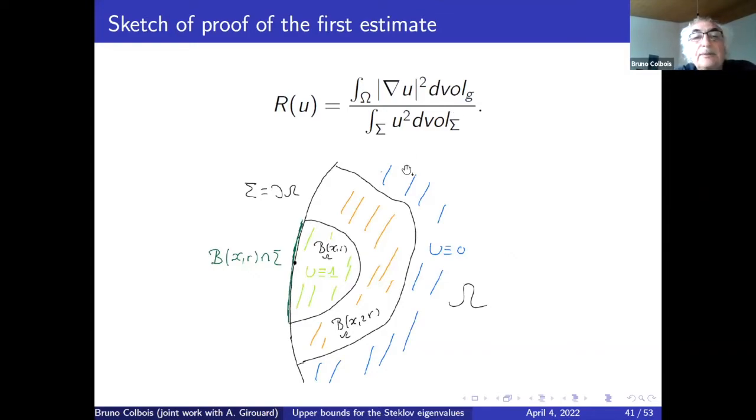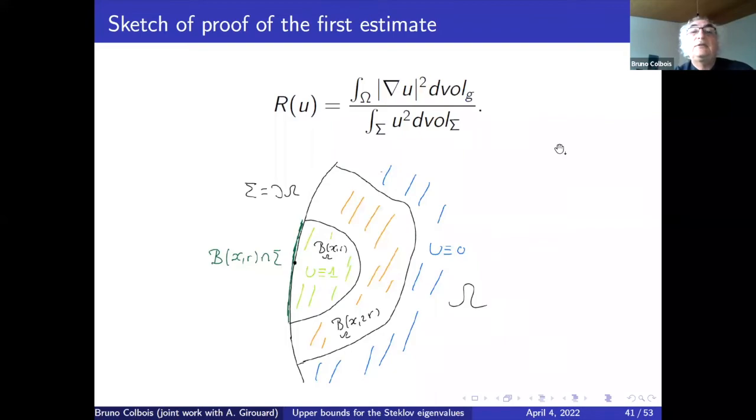You take a function which is 1 in the ball of radius r, the green part, and 0 in the blue part outside of the ball of radius 2r. And you hope that the Rayleigh quotient of this function will be nice enough to give you a nice upper bound.